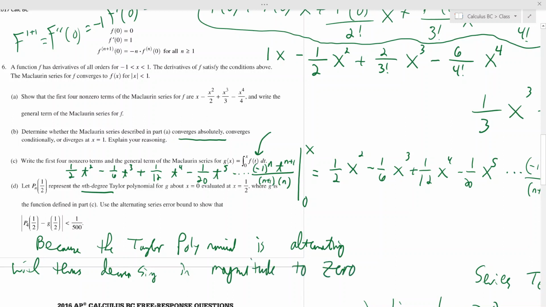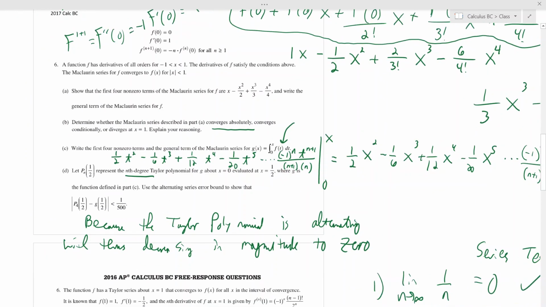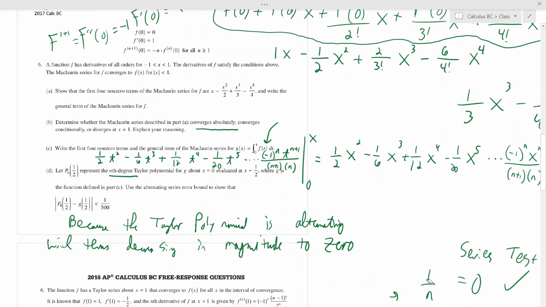So basically the terms are getting smaller. When we plug in a half, the terms are getting smaller. So it's convergent, and so on.